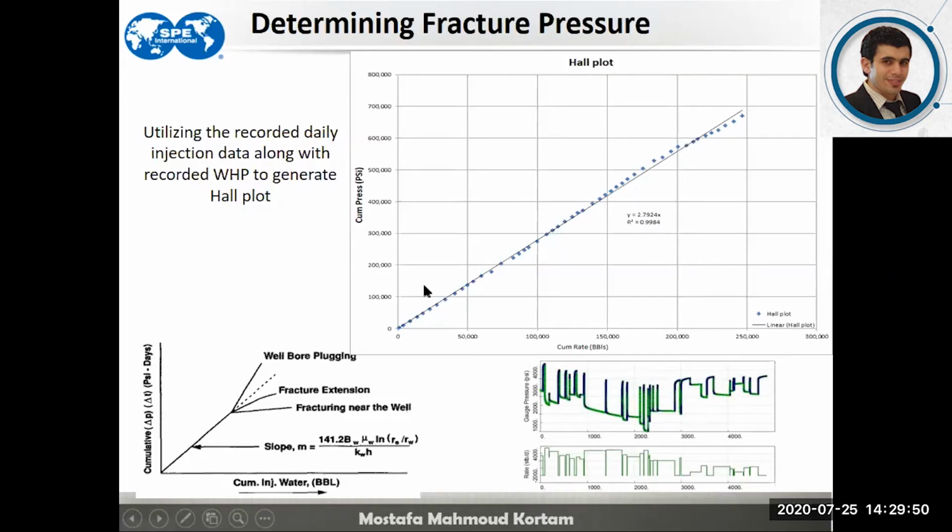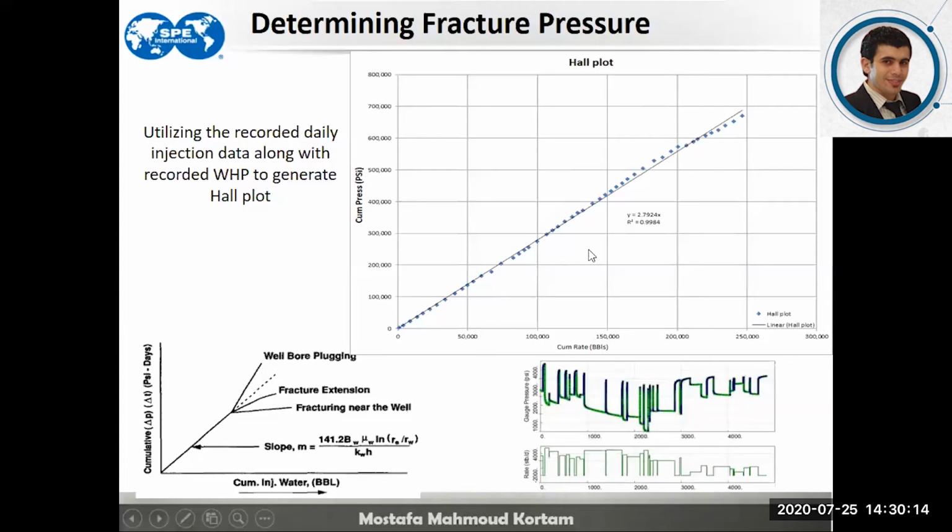Fortunately, we got straight lines, which indicates that most of our injection wells are currently operating in matrix mode, and we don't exceed the fracture pressure, and we have these perfectly straight lines that have a good match.